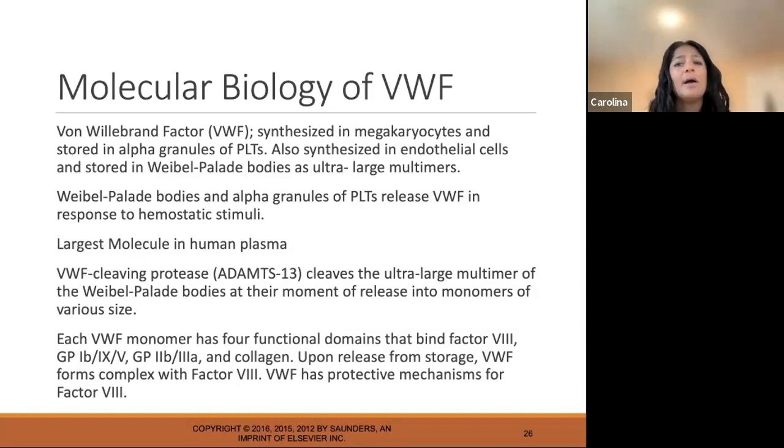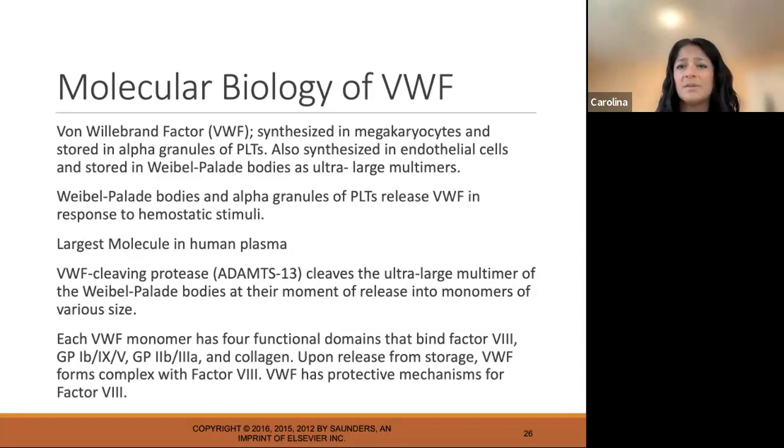It's the largest molecule in the human plasma. Its plasma concentration is about 0.5 to 1 milligrams per deciliter, and a great deal more is readily available on demand from storage organelles.